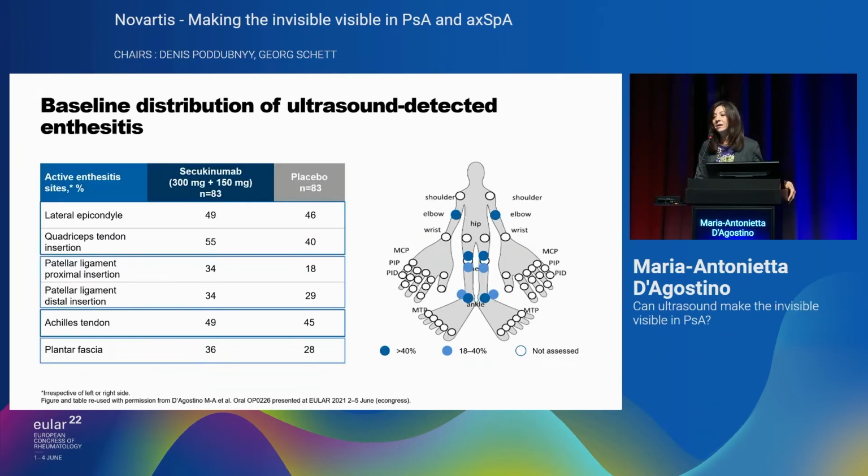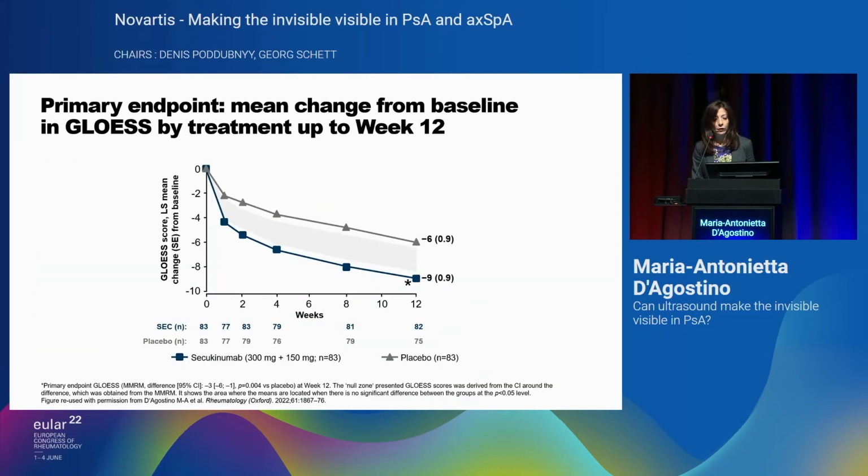If you look at the distribution of the ultrasound-detected enthesitis, this also shows us that the elbow, the knees, and the Achilles tendon were the entheses most frequently detected, either by clinical evaluation or by ultrasound, telling us that the elbow is something that we have to look for.